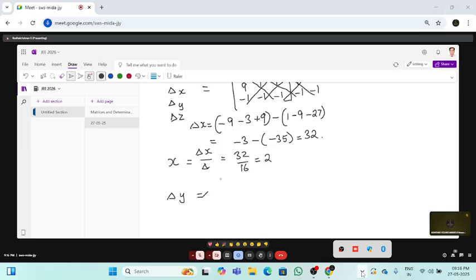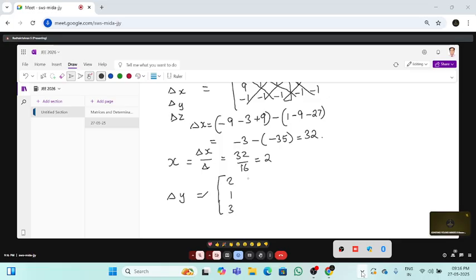So delta y is the determinant of the same determinant. Just the second column you substitute with the B column. That means 2, 1, 3. First column remains as it is.